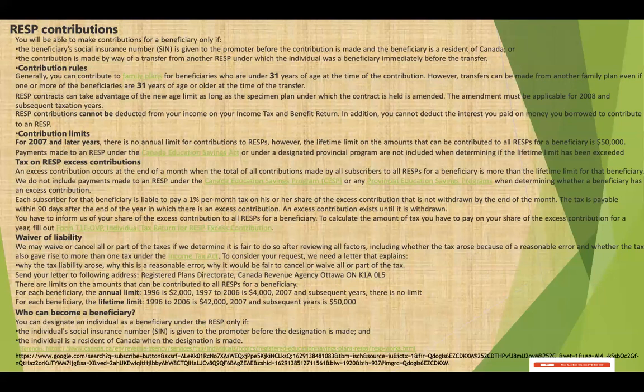Each subscriber for the beneficiary is liable to pay 1% per month on his or her excess contribution that is not withdrawn by the end of the month. The tax is payable within 90 days after the end of the year in which an excess contribution was made. So you have to inform CRA of your share of excess contributions to your RESP.